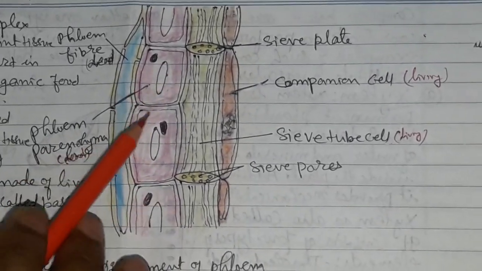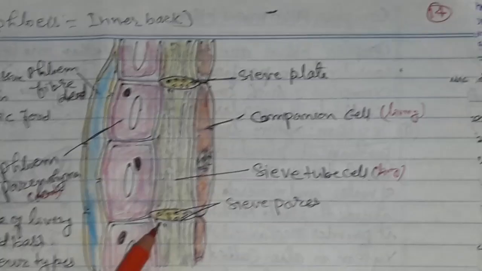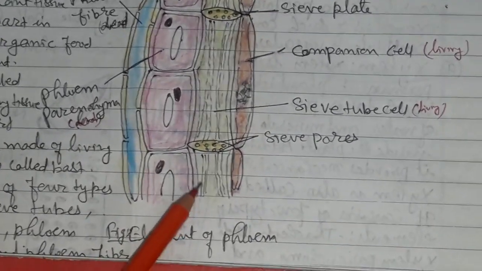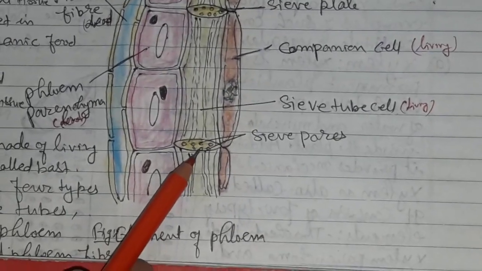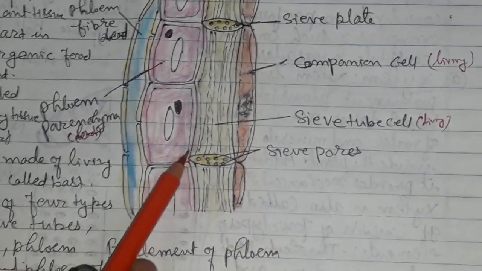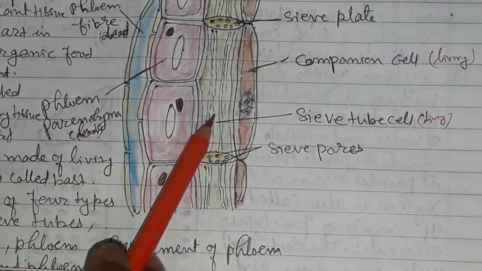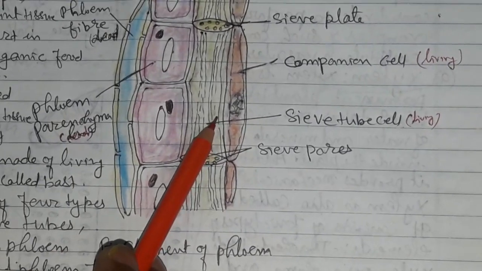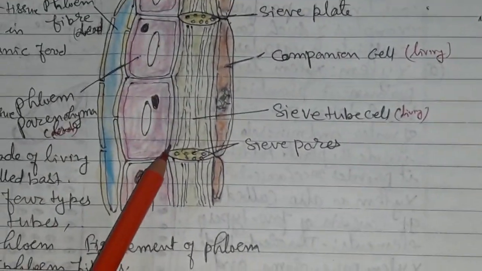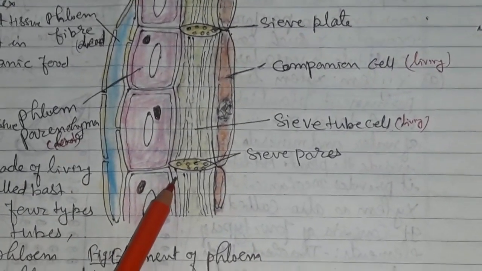Just I have shown here the sieve tubes. This is the diagram of the four elements of the phloem, and all four elements are shown in the same diagram. This is the sieve tube, that is living. They are elongated tubular living conducting channels of phloem.